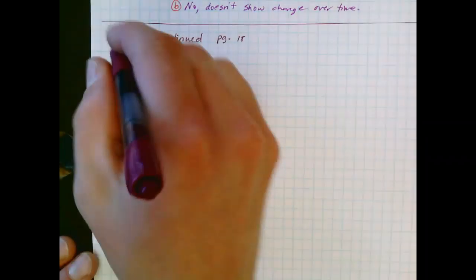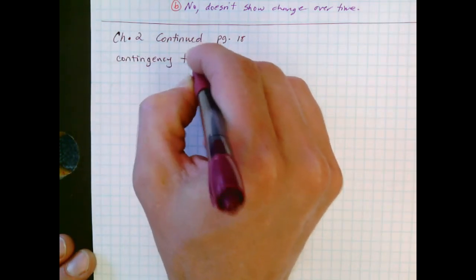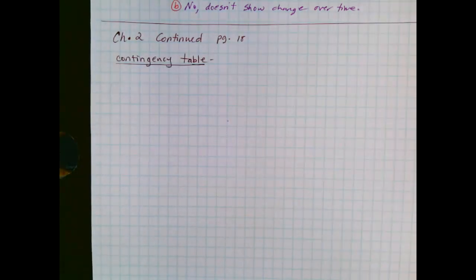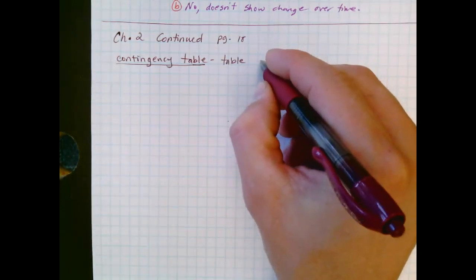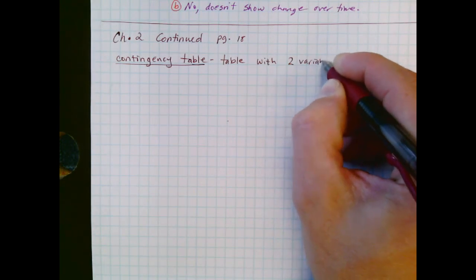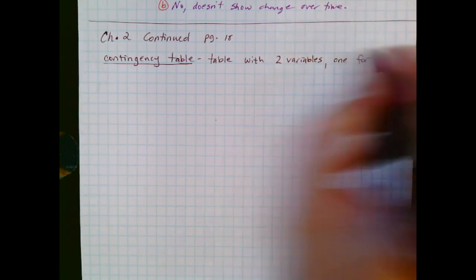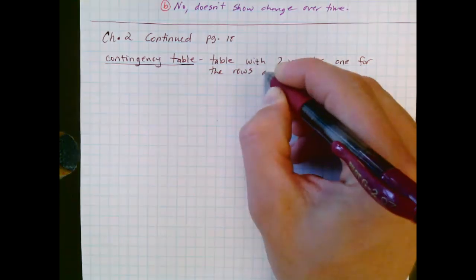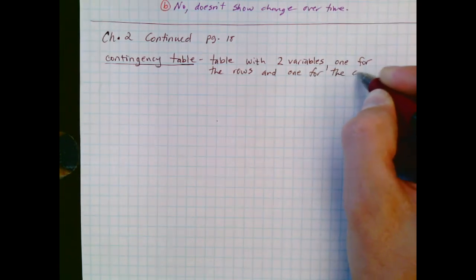Okay, so a contingency table. It's basically going to be a table with two variables, one for the rows and one for the columns.